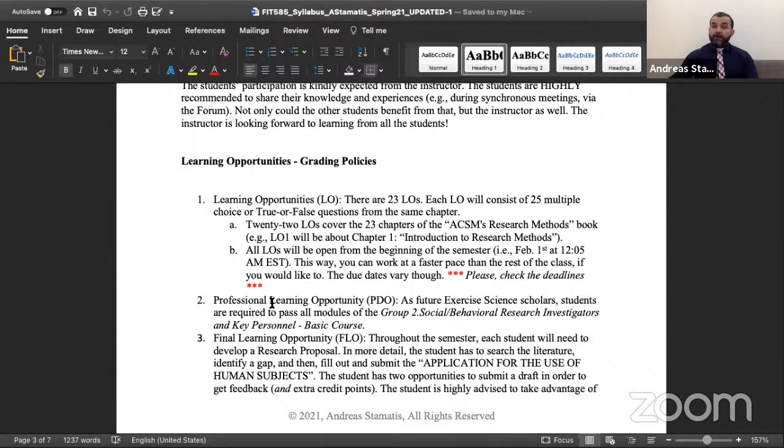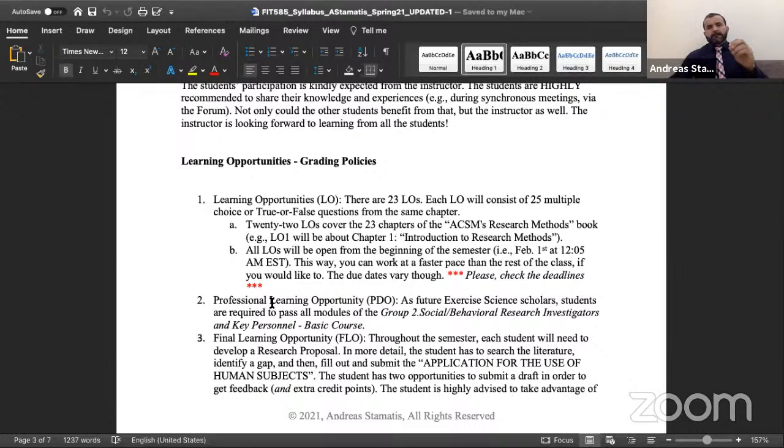The PDO is about, as I said before, CITI training. I'm going to explain more as we go. It's not something that you should be worried about right now. You go on a specific site, you create an account, and you pass those modules. Once you pass the modules, you get a certification. You send me the certification, you get 50 points, right?